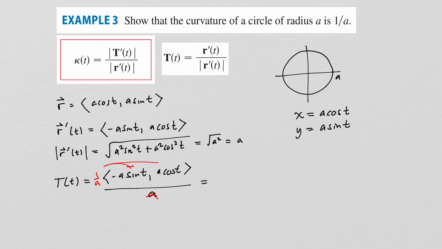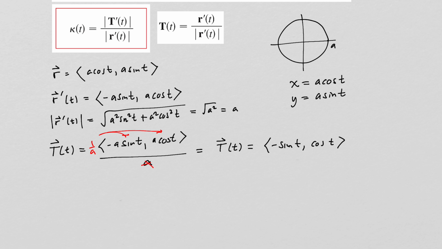And if we distribute that here, we get our unit tangent vector T is equal to ⟨negative sine of t, cosine of t⟩. And so now we need T prime, and that is going to be ⟨negative cosine of t, negative sine of t⟩.